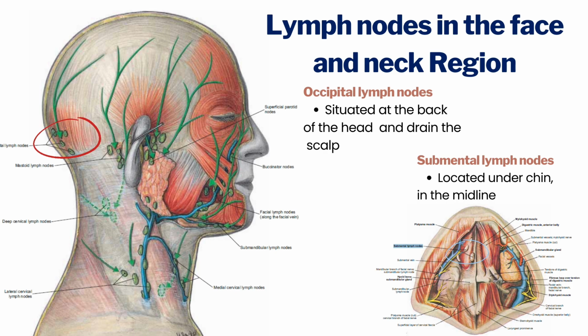Submental lymph nodes located under chin in the midline. Submental lymph nodes are made up of lymphatic tissues surrounded by fibrous capsules. They contain white blood cells which help to fight infection and spread. They function as filters, removing potentially hazardous germs and bacteria from lymph fluid draining from teeth and inside of the mouth.